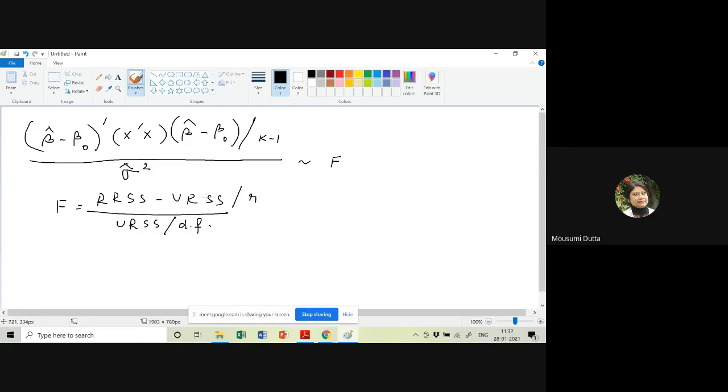You can derive your formula for RSS using the standard formula. So for ESS, you can use the beta hat prime x prime y formula, or beta hat prime x prime x beta hat, which is the other one, beta hat square x prime x. You can go for any of the two, no problem.